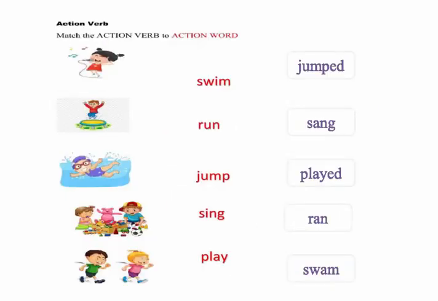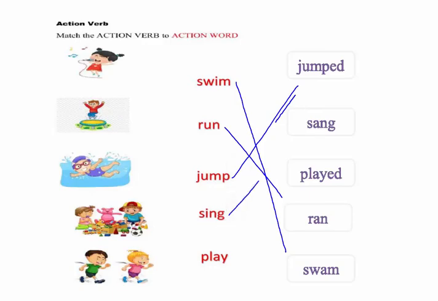Okay, now do this. Match the action verbs to their past form. Right, great. Swim, swam. Run, ran. Jump, jumped.